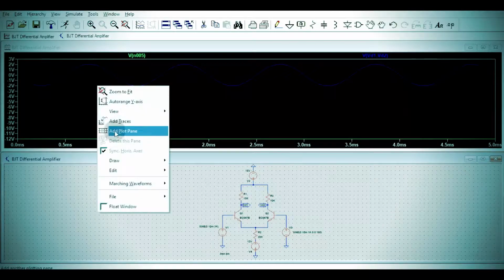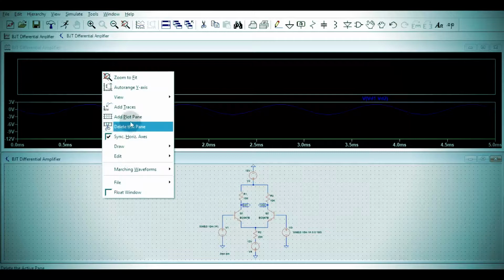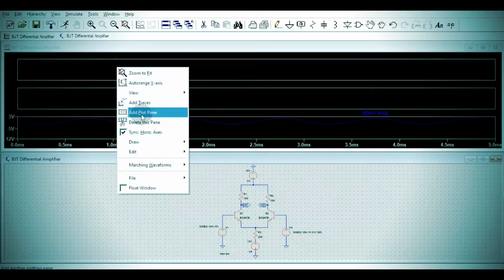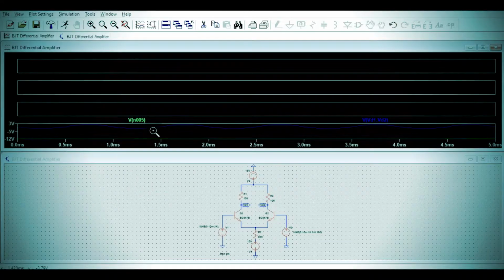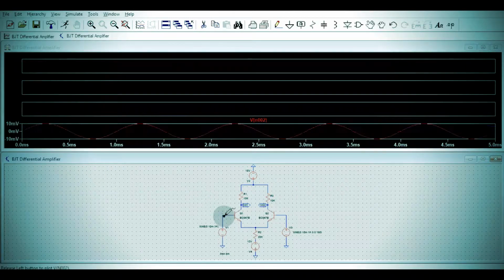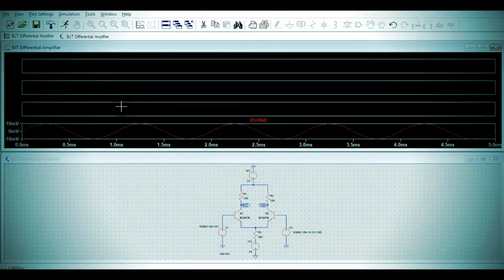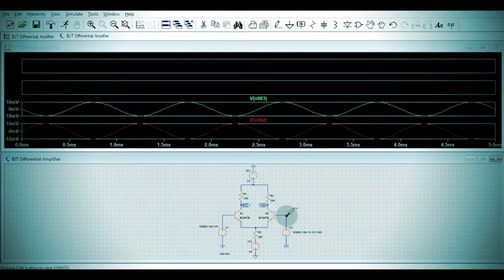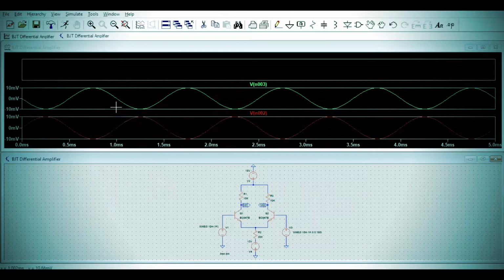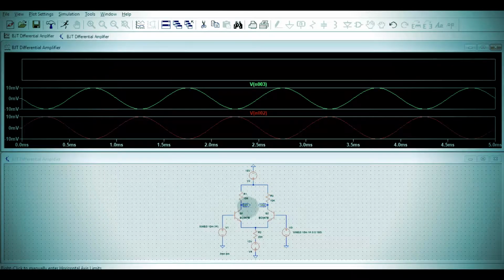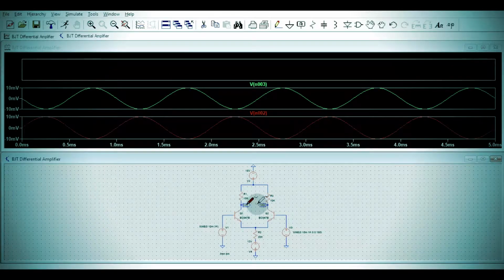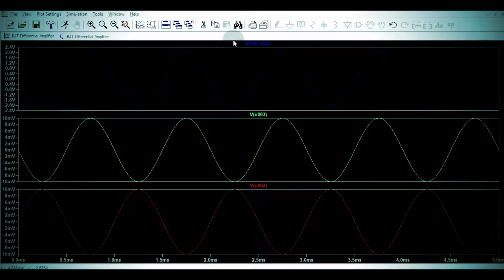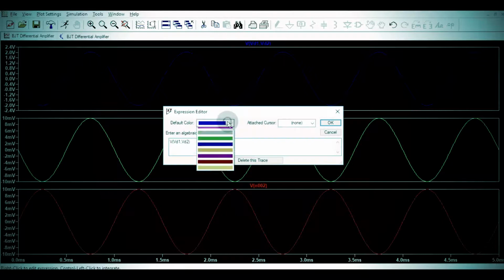Let us divide this into three plot panes for better visibility. Now this is V1, and this is V3, and this is the output of your differential amplifier. Let me zoom in further.